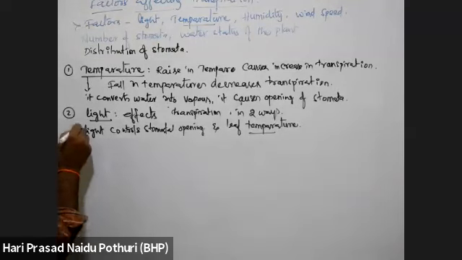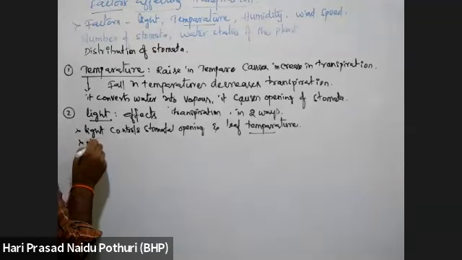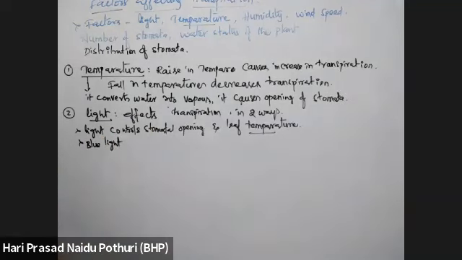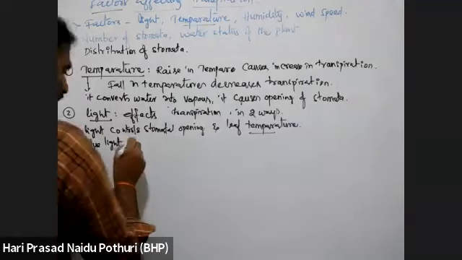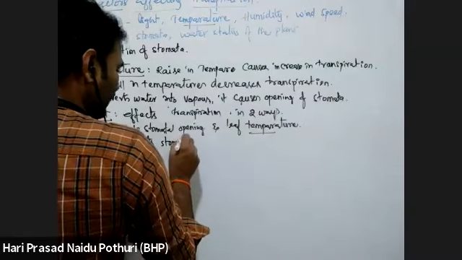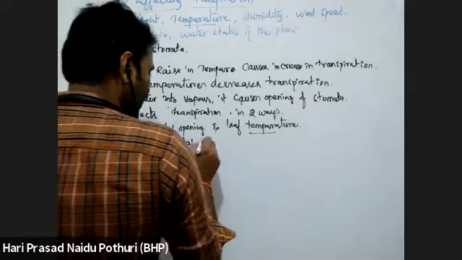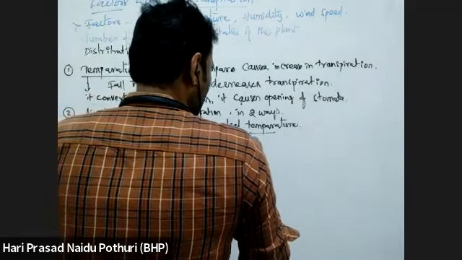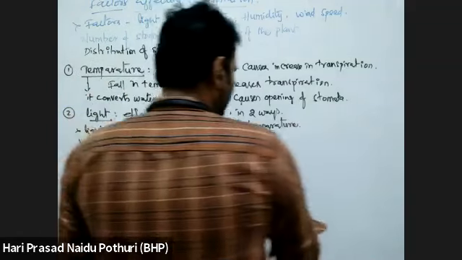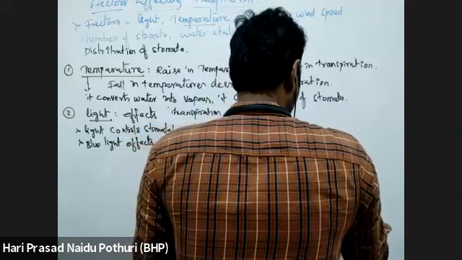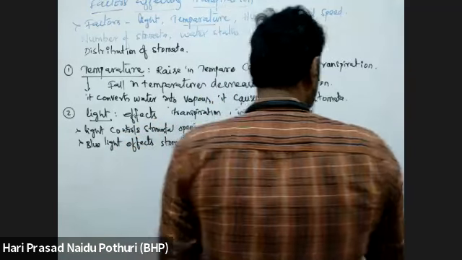And here, especially if we take a particular light called blue light, it affects stomatal opening more. In the presence of blue light, stomatal opening is more. That means transpiration is also more in blue light.